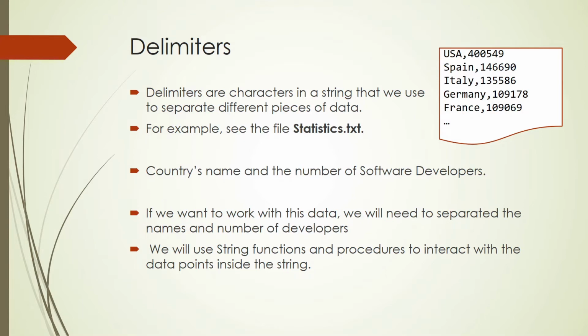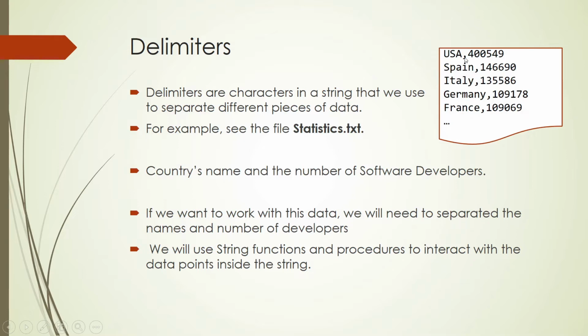The image that you see on screen shows data stored in a CSV file. That's your comma-separated value file, and this file has been opened in a text editor. In CSV files, each line of text represents one row of data.